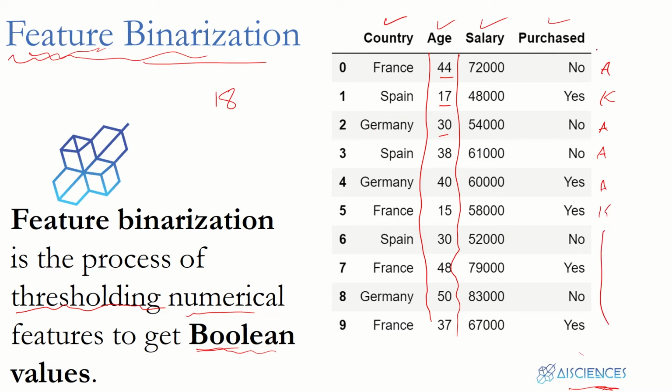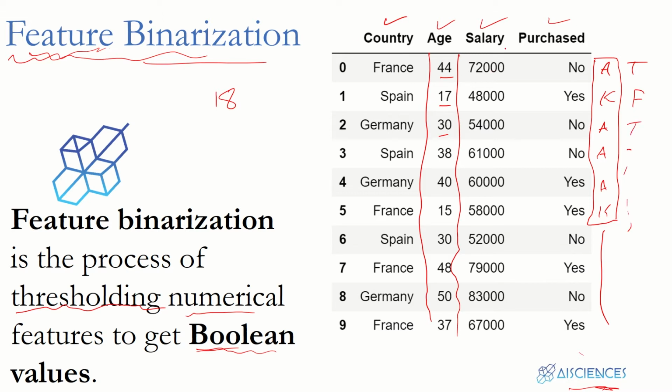So that's how you can convert your column to a Boolean column. You might be saying that it is not a Boolean column, it is still a character column. So you can refer to adult as true and kid as false, and so on, right?